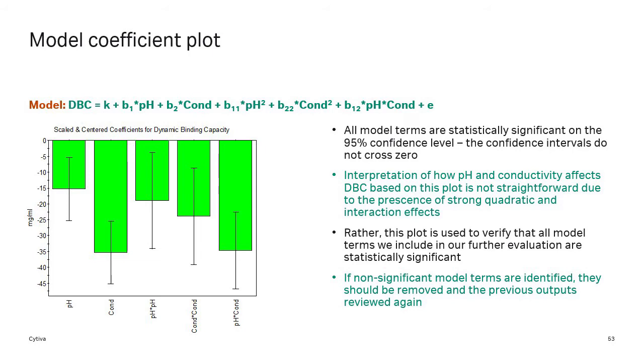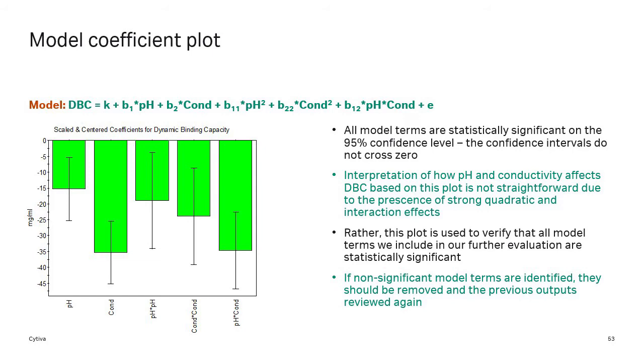And yes, as you can see, this confidence interval does not cross the 0 line up here. So the assessment is, from a statistical perspective, that this pH coefficient is statistically significant on the 95% confidence level. These confidence intervals are 95% confidence intervals. So the pH is statistically significant as a linear effect.